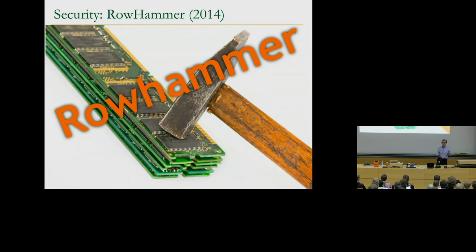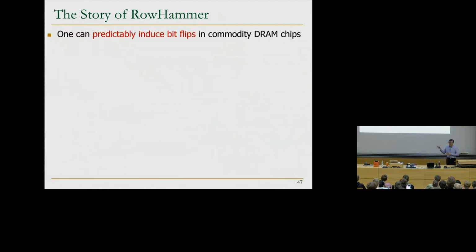That becomes a reliability problem. But that also becomes a security problem at this point, because if you're able to flip the right bits, you can gain complete control of some other system. And we will talk about this more. Basically, you can predictably induce these bit flips that I just mentioned in commodity DRAM chips. And DRAM is employed in all devices that are general purpose today. So this has DRAM, this has DRAM. This is main memory, basically.